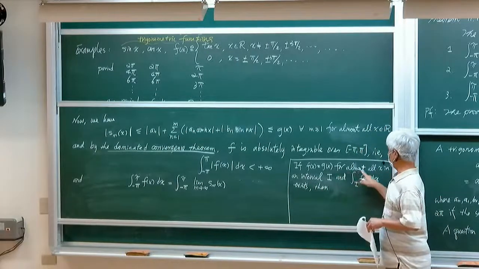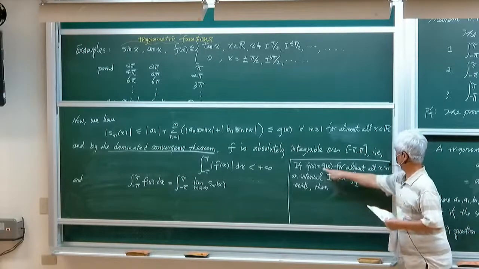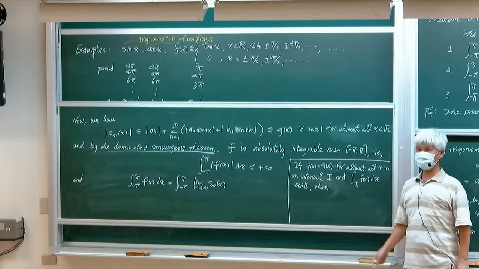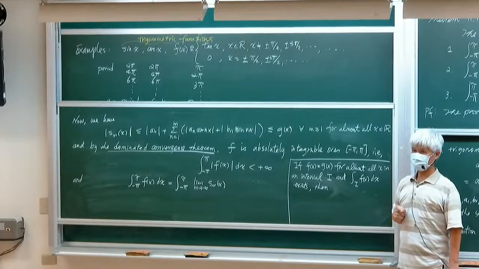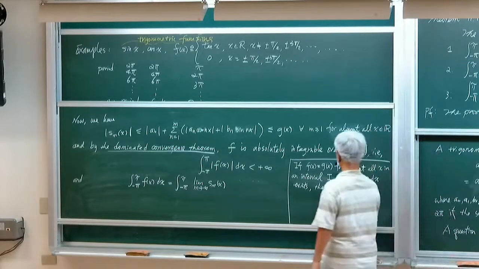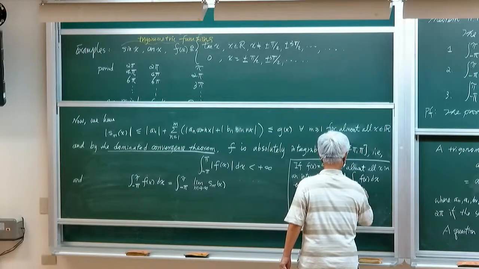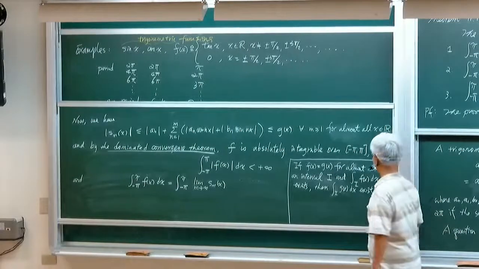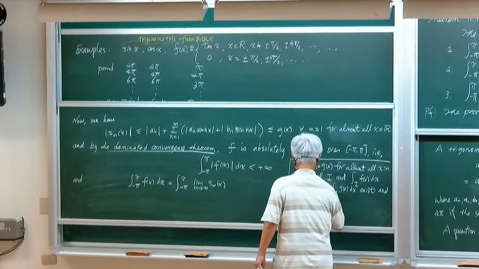If they are equal for almost all x in the interval, and we know one of them, for example f of x, has an integral that exists, then the other integral exists and must be the same.